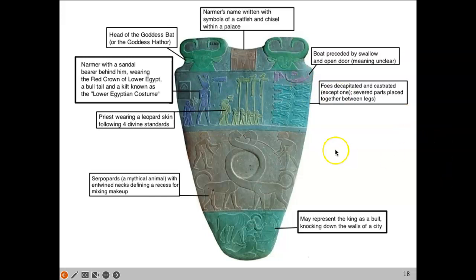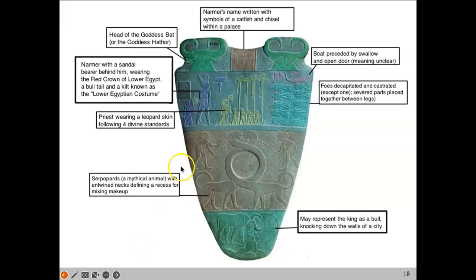Above that is a boat that is preceded by a swallow, and we are still unsure of what exactly that means. Down below, in this register, we see that circular depression that was used for grinding the pigment for eye makeup. And so remember, this is a palette, so there would have been water or oil mixed with a ground, possibly charcoal pigment. You'll notice that it's very symmetrical, and that circle is formed by the intertwining necks of 2 feline creatures, mythological creatures.